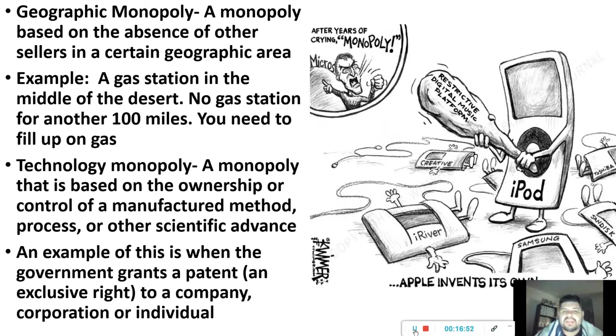Another type of monopoly is a technological monopoly. This is based off the ownership or the control of manufactured methods, processes, and scientific advancements by a company. So let's say the iPhones. Can another company say, I'm making an iPhone? No, they can't, because Apple has a patent on iPhones.